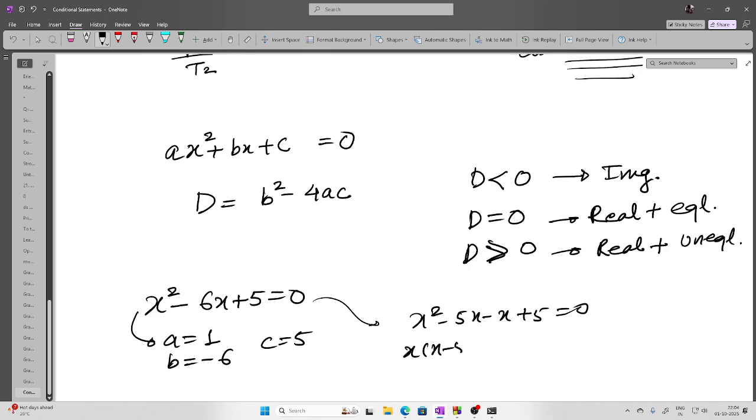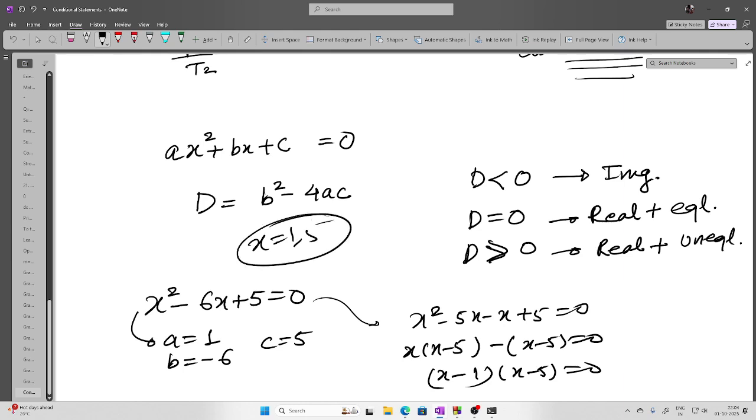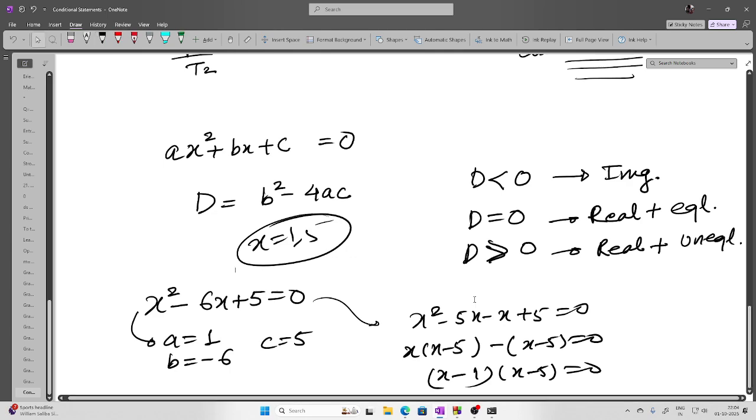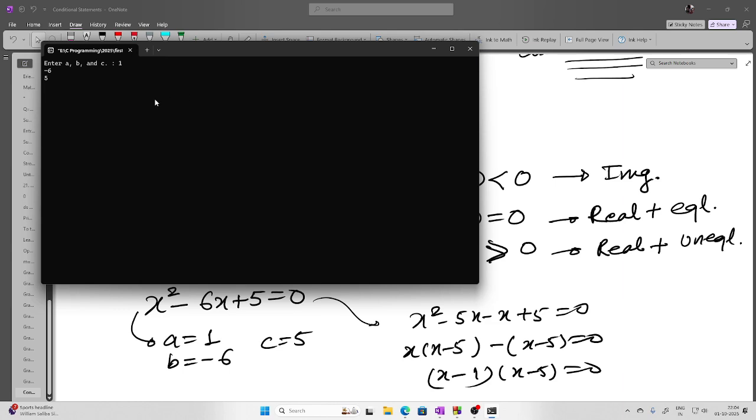You take x common, here you take minus common, and if you solve this, it is x minus 1, x minus 5. So the roots will be 1 and 5. What type of roots are these? These are real as well as unequal. So if I run this program, roots are real and unequal. This has given me the answer.